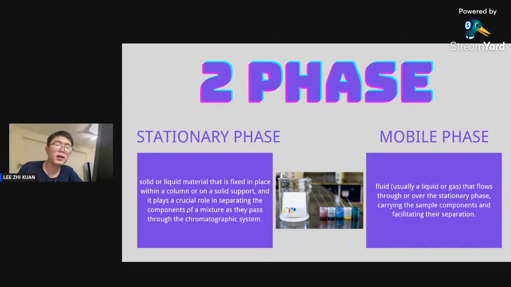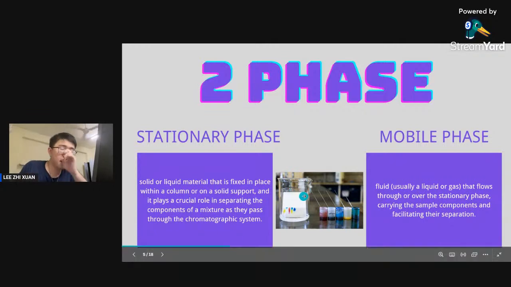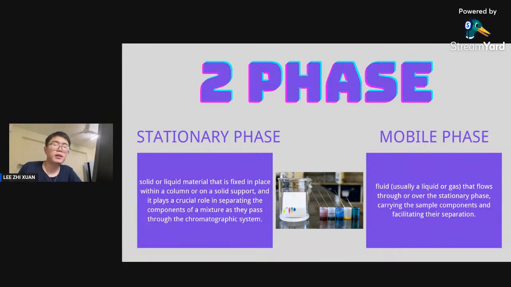So in paper chromatography, which is the stationary phase? That paper is the stationary phase. This paper, your paper chromatography, is your stationary phase. I already said it is either solid or liquid material.